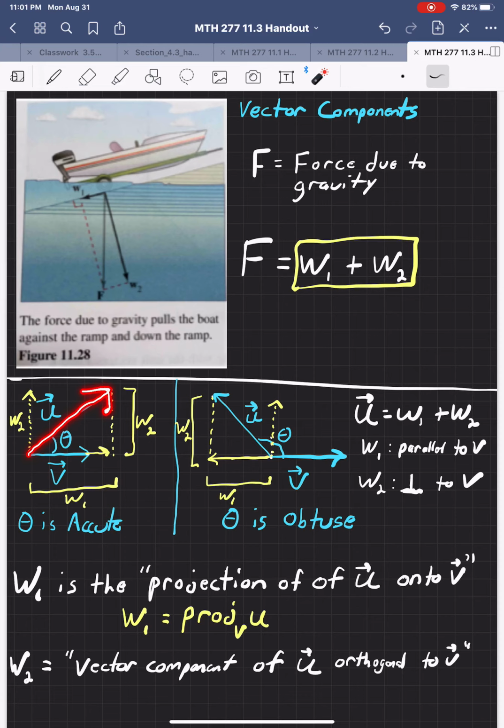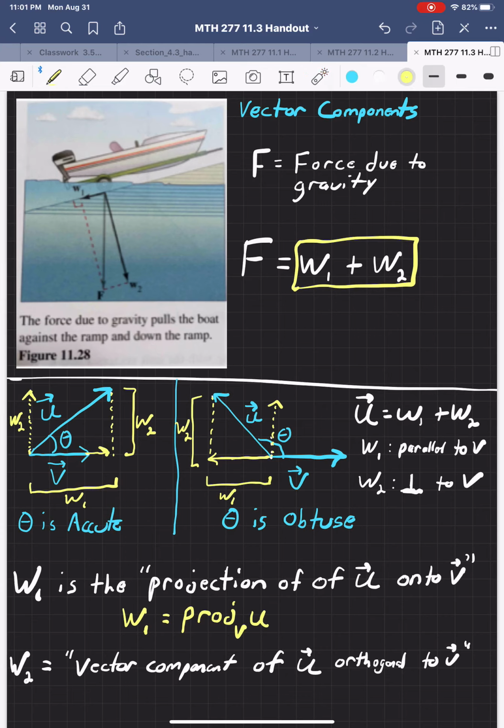If you were to ask me why they use the word projection, can you imagine? Do me a favor. Just look at this. Can you imagine if you had a sun up here shining light, and you were to look at the shadow that was produced here? That might help you think about the projection, right?